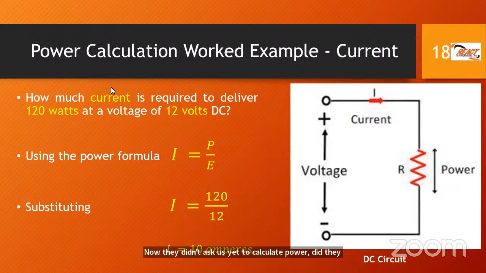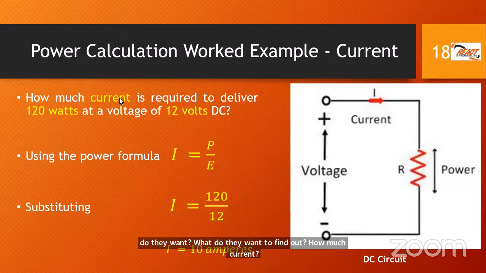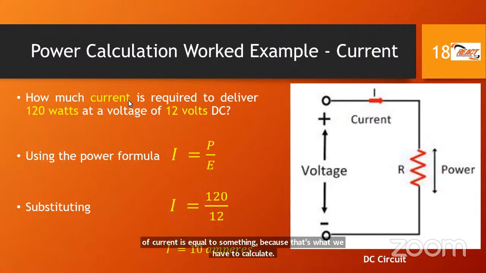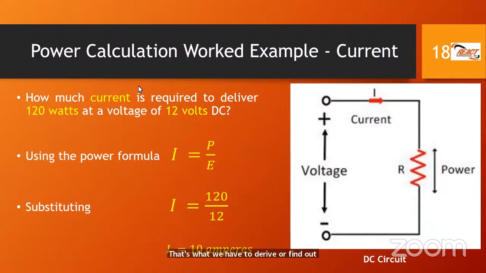Let's dissect this question. What do they want to find out? How much current? So we need a formula or an equation that's in the form of current is equal to something, because that's what we have to calculate. That's what we have to derive or find out. But do we know such a formula? Well, maybe we do. But let's see what they gave us.